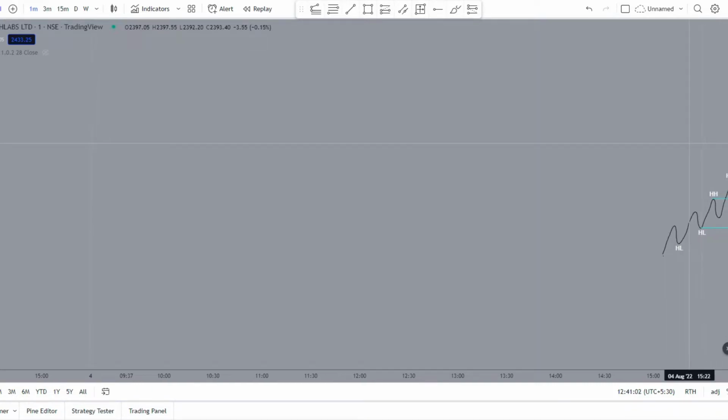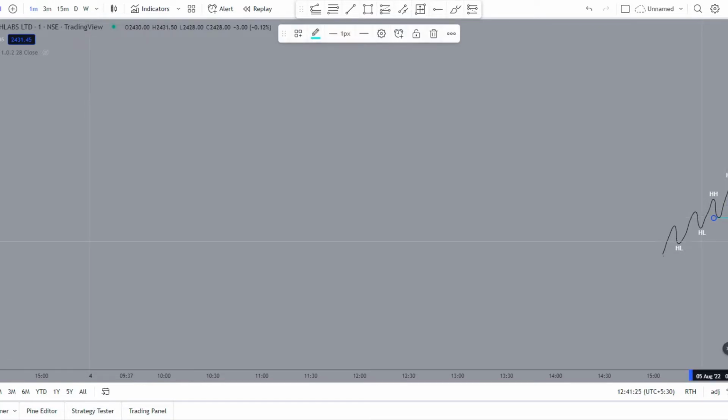This is called having an expectation from the price. Since it is making continuously higher highs and higher lows, we still expect that the price will break the previous high. And this expectation is true unless we break this particular low.